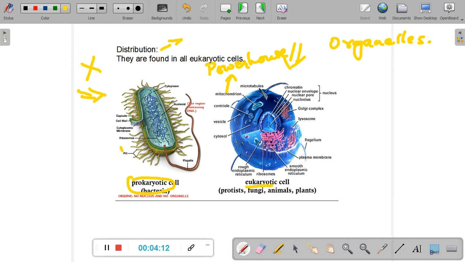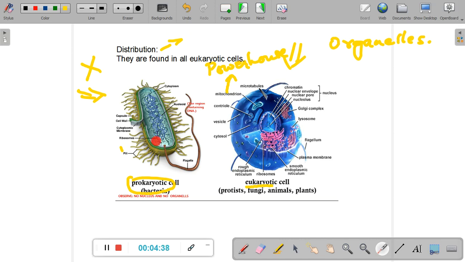Just like we have powerhouses that supply electricity for homes, this mitochondria supplies energy for the entire cell. The nucleus acts as the decision making body, or the chief administrator, or the principal of the school, right? So this is basically the control center of the entire cell.